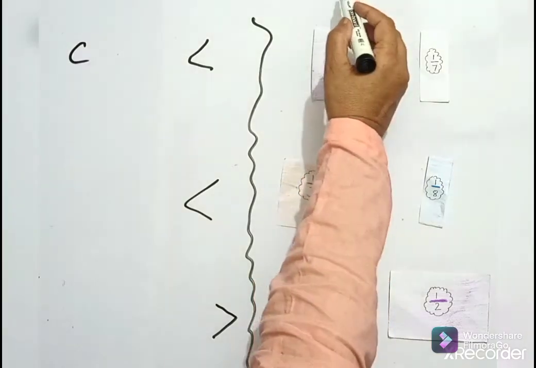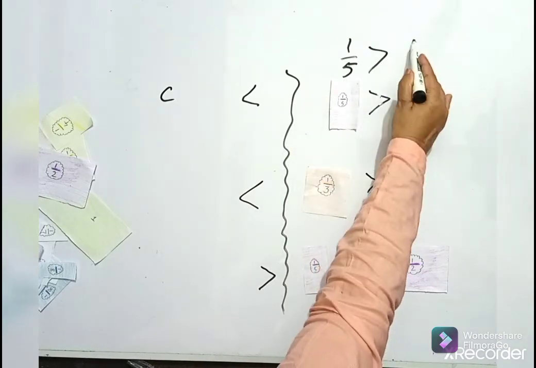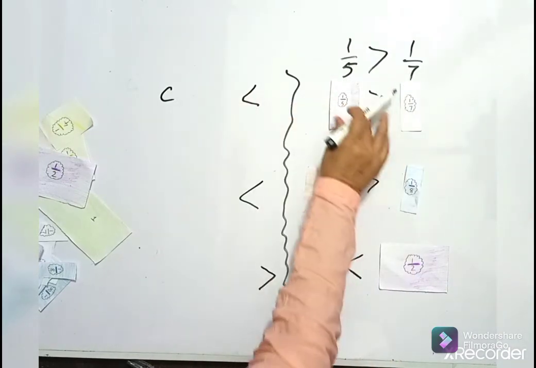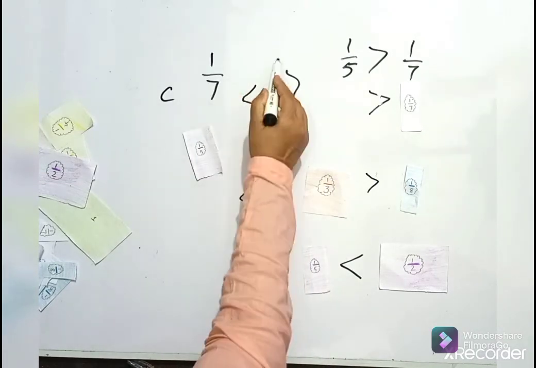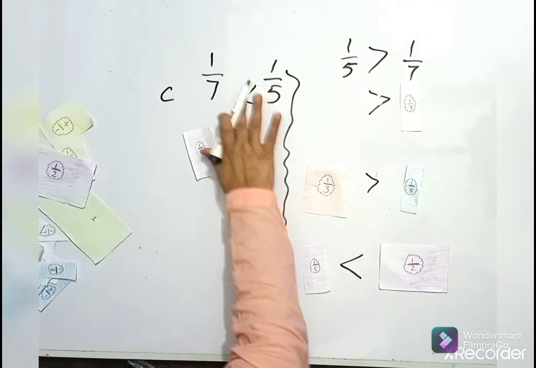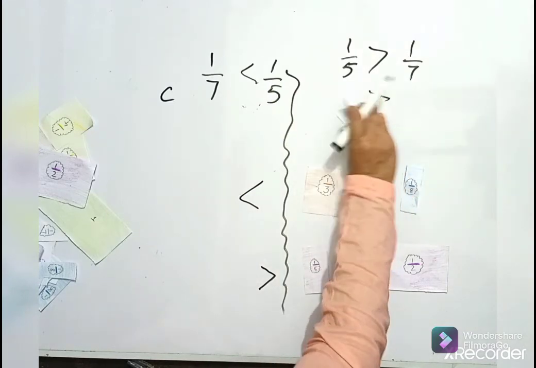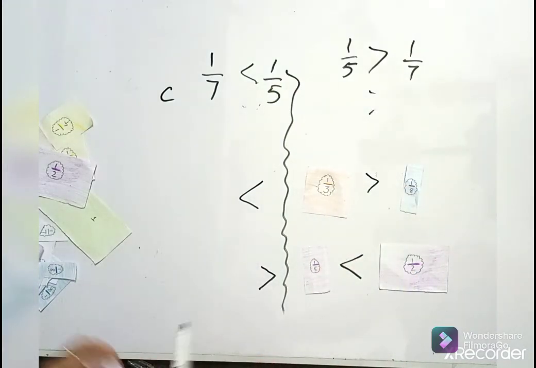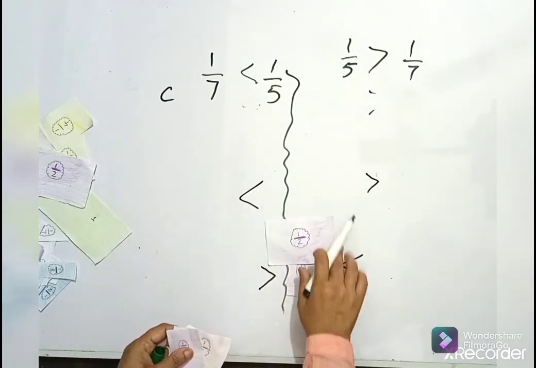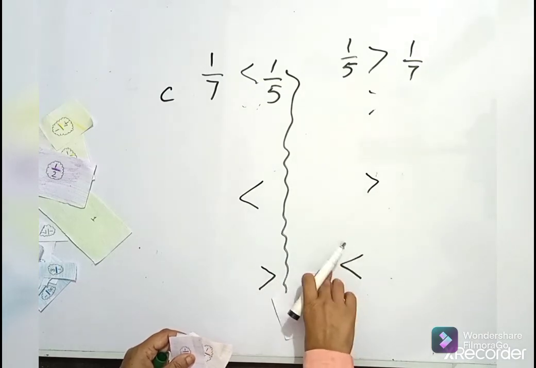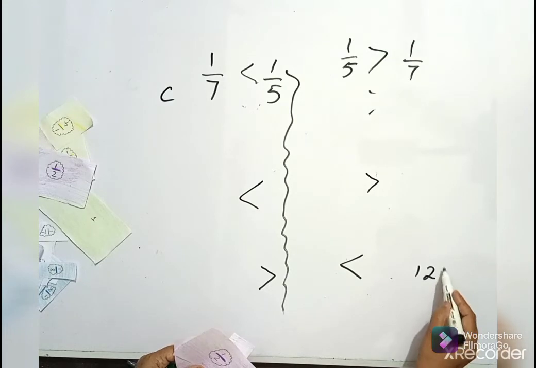You can write it like this: 1 over 5 is greater than 1 over 7, or 1 over 7 is smaller than 1 over 5. Understood this? In the same way, you will make 10 to 12 sums in your classwork notebook.